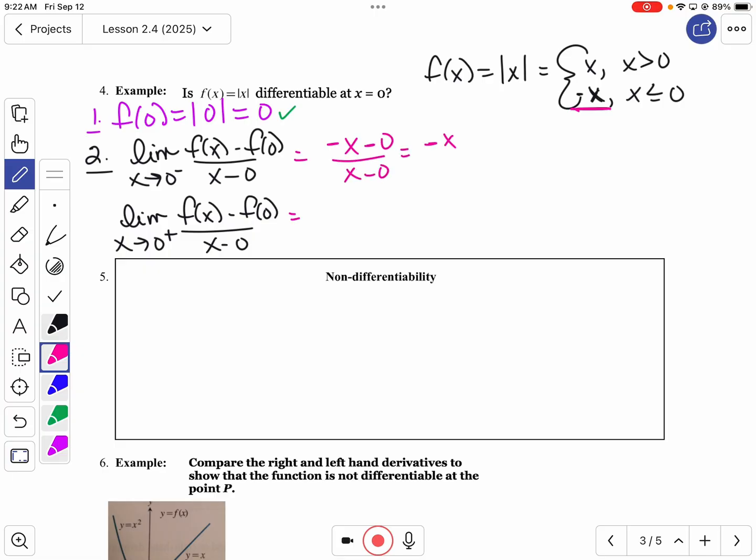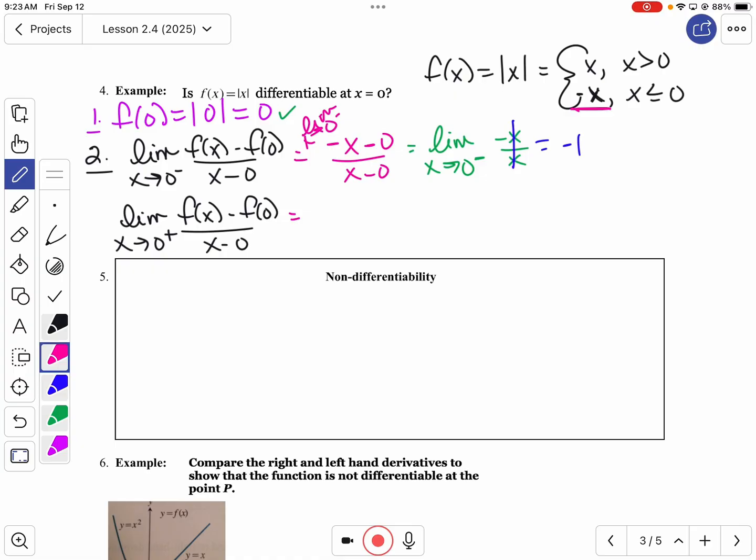Well, that's just the limit as x approaches 0 from the left of negative x over x. Well, those x's are going to cancel out, and what's going to be left? Negative 1.